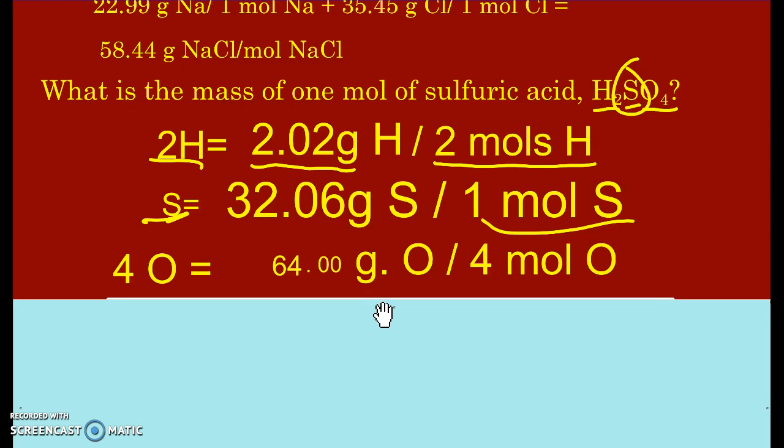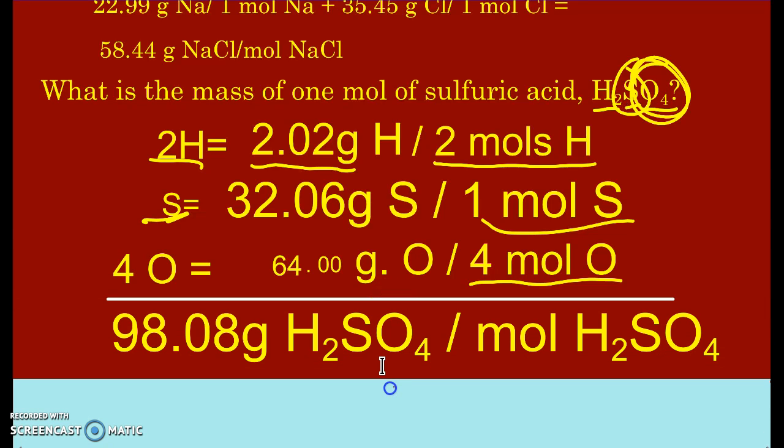And 4 oxygens give us 64 grams of oxygen in 4 moles of oxygen, right? Because we have 4 oxygens here. So we tote those up and we end up with something like this. 98.08 grams of sulfuric acid, or in 1 mole of sulfuric acid. Make sense? I hope so.